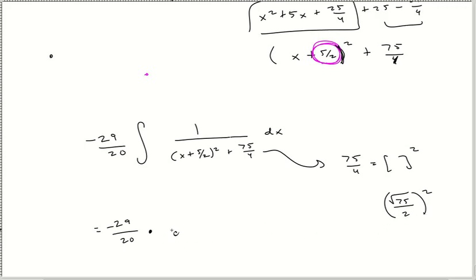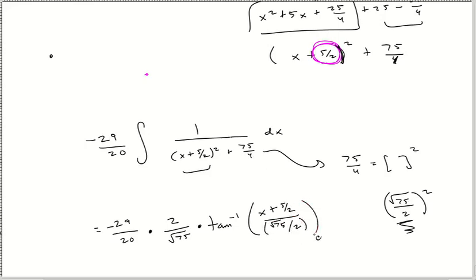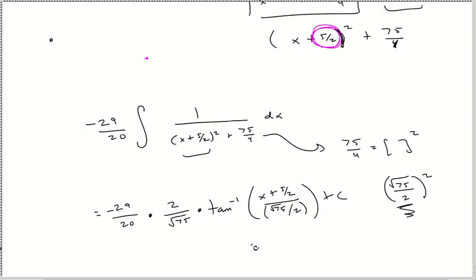And so I'm dividing by this value, so flipping it in the front, arctangent of u, x plus 5 over 2, and this denominator is square root of 75 all over 2, and then I'll put the plus c in. So here's my final answer.